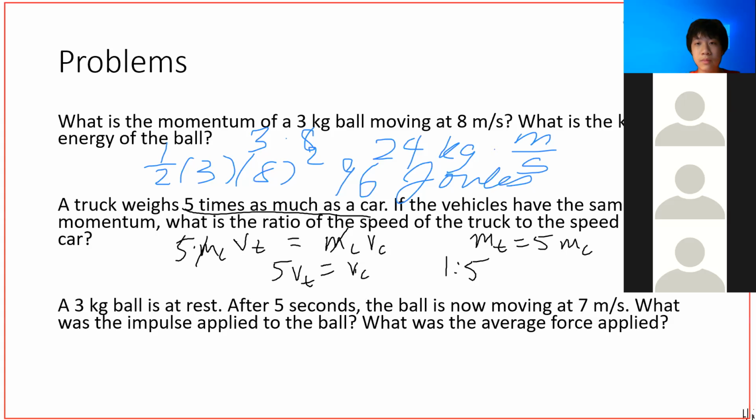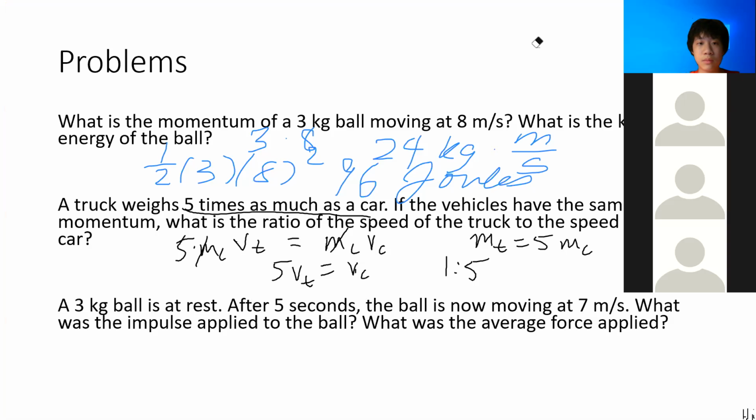So the last one is asking for impulse and the average force applied on a 3 kilogram ball at rest after 5 seconds that moves at 7 meters per second.